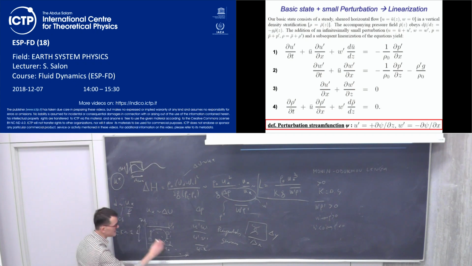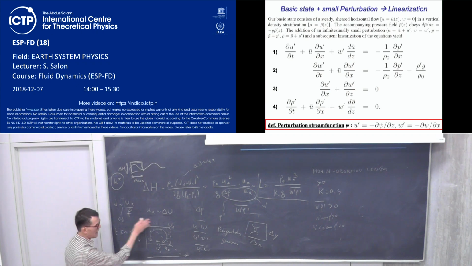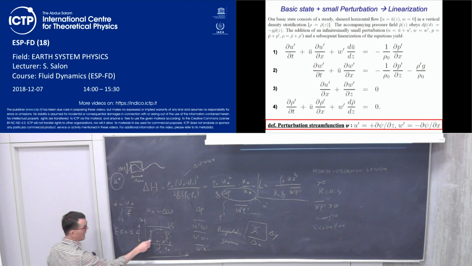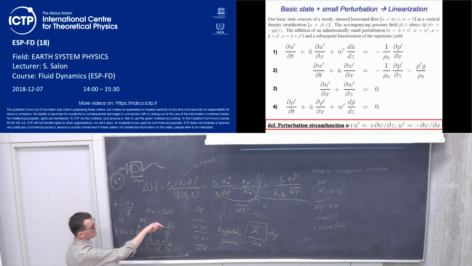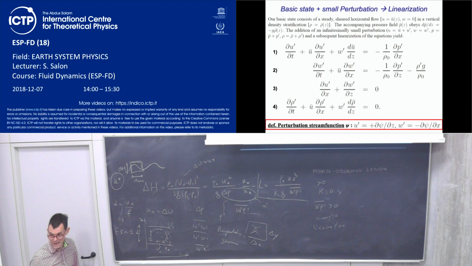Okay, so if we have a stratified flow where we have a velocity shear going in this direction, it means that we are taking heavier parcels and upwelling them, and lighter parcels and downwelling them.